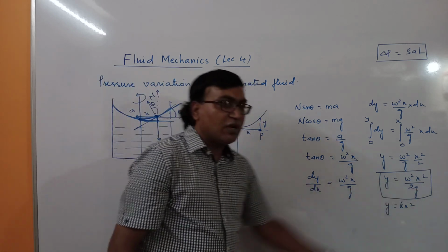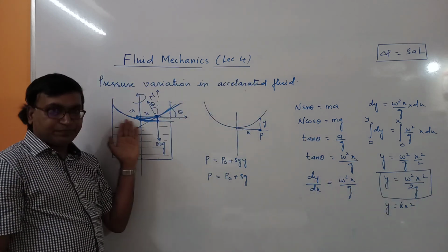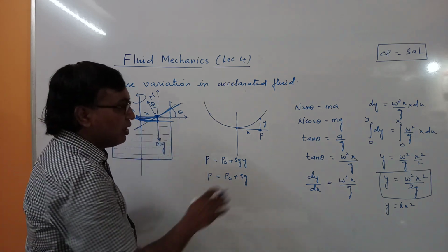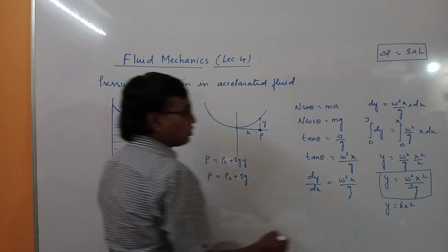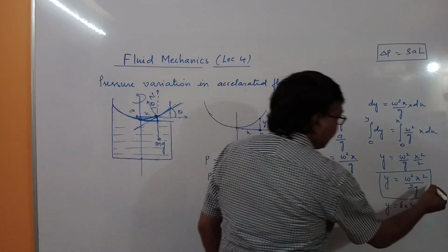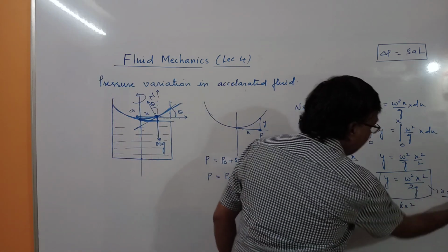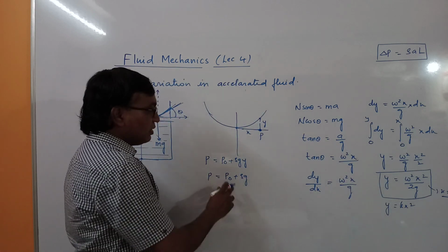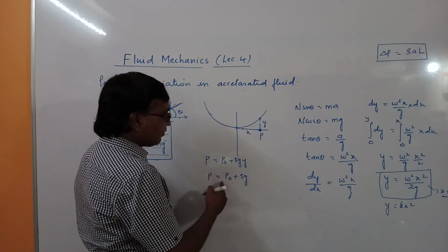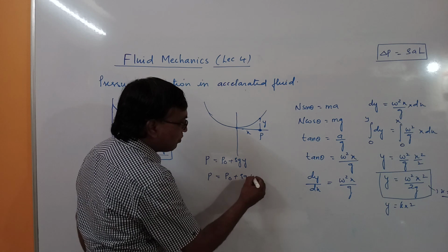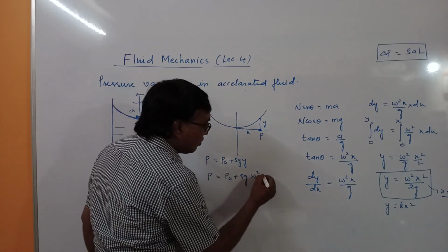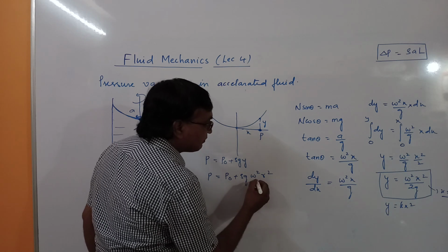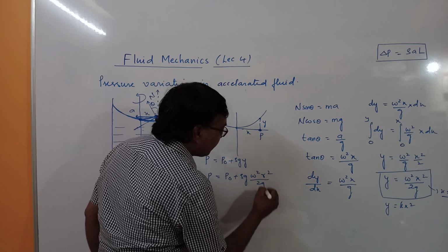So y as a function of radial distance x. This is a radial distance, or you can replace that x with r, there is no problem. So rho g into y, where y is omega square r square by 2g.